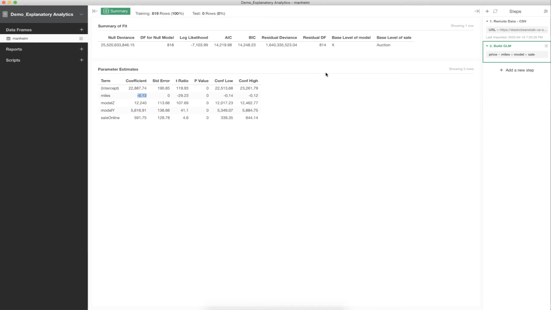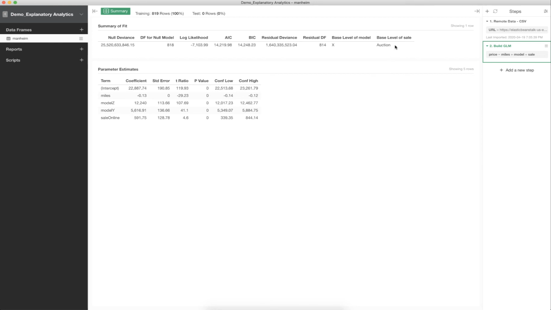In our case, the base value of model is X. So there is a base level of X that is assumed, and compared to X model cars, Z model cars bring in $12,240 on average versus Y model cars that bring in $5,616 on average. Again, model is a significant variable, and so Model Y and Model Z cars are significantly different from Model X cars and bring in subsequently more money than Model X cars.